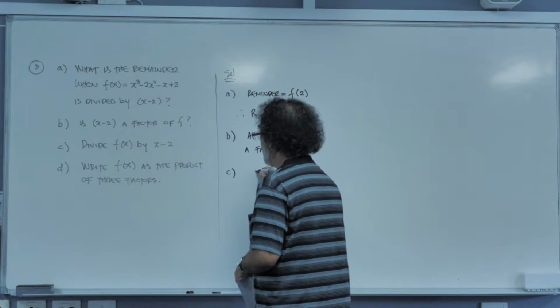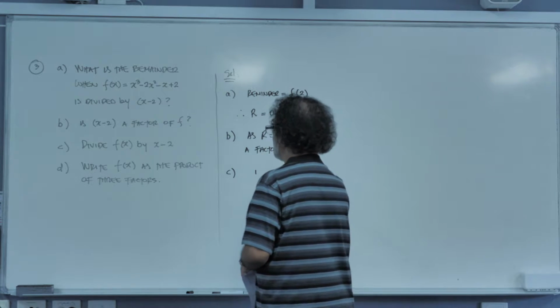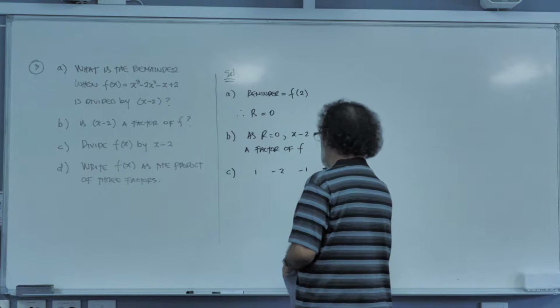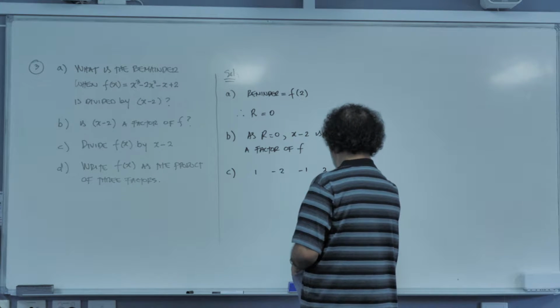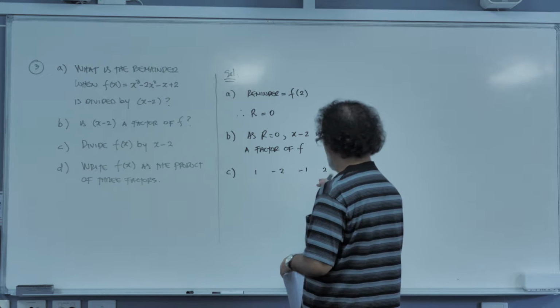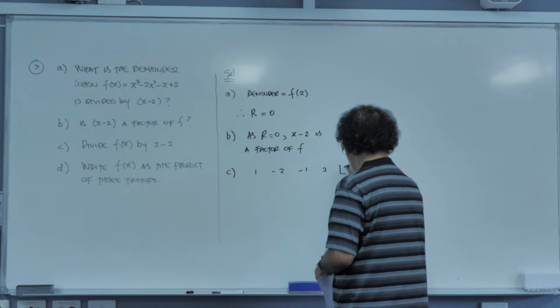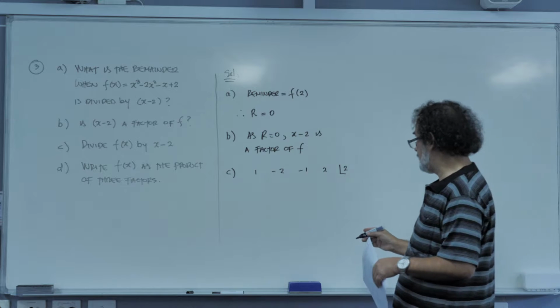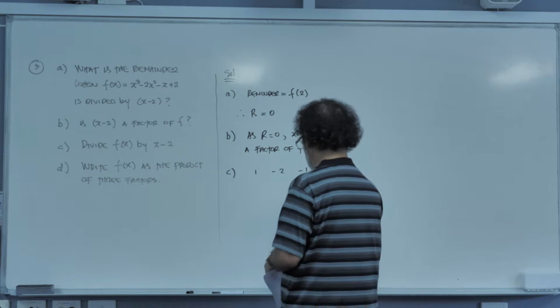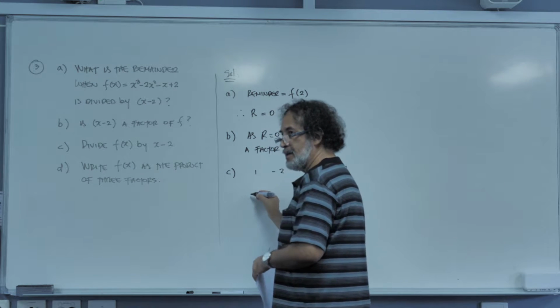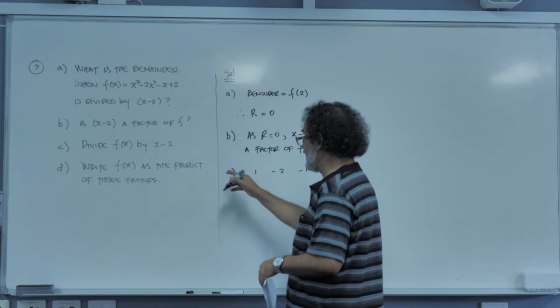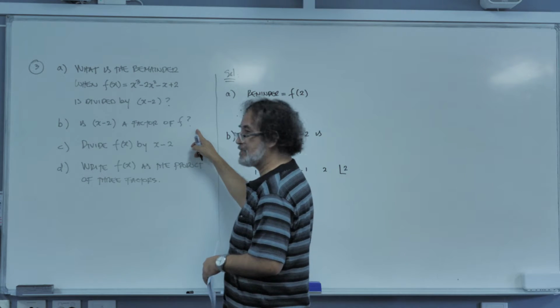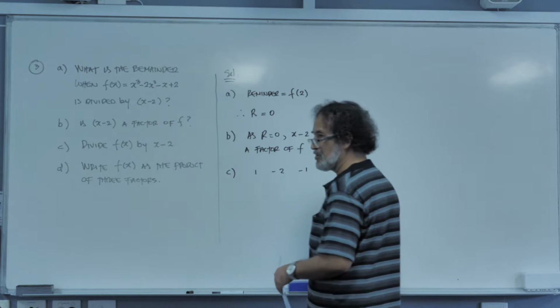So we're going to say 1, minus 2, negative 1, and positive 2. And we need to put the 2 in here. And then we're going to repeat what we did before. So we could have used any methods for this one, right? For this one, it doesn't say any specific method. So we're going to do the easy one.